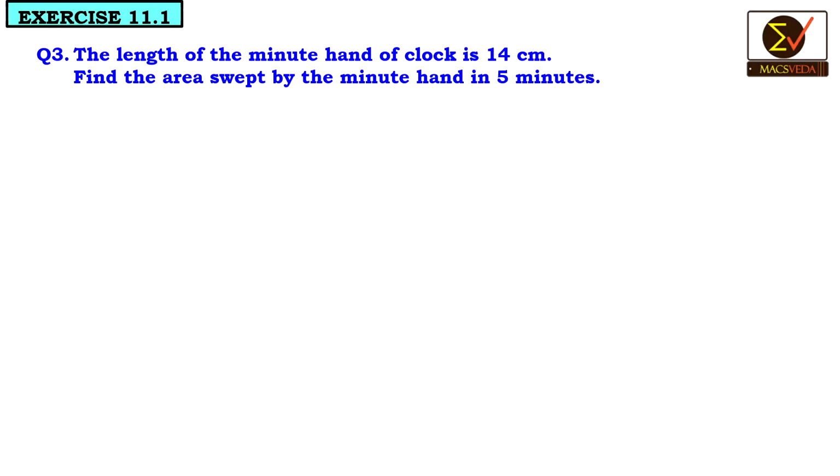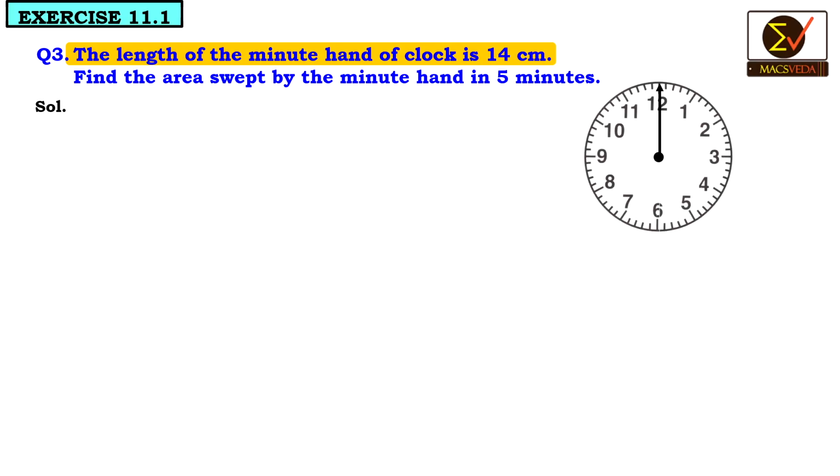Question number 3. The length of the minute hand of clock is 14 centimeters. Find the area swept by the minute hand in 5 minutes. See, what is the minute hand of a clock? Minute hand of a clock is nothing but the radius of this circular clock, which is given as 14 centimeters.